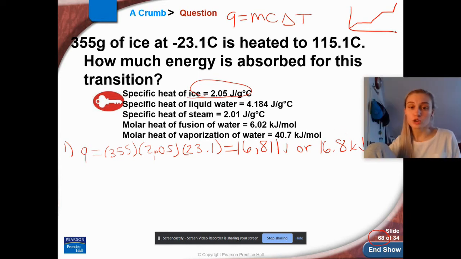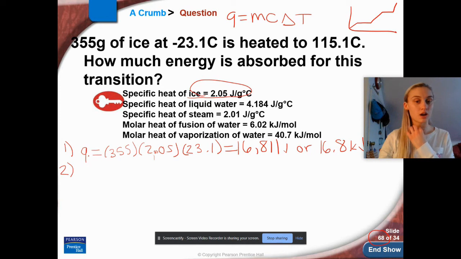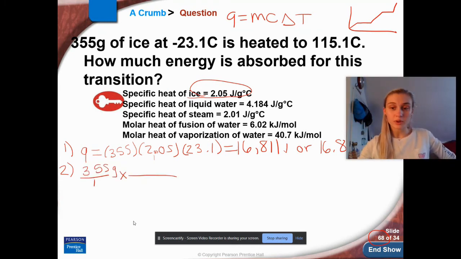So to go from negative 23 degrees to 0 degrees, the ice absorbs 16.8 kilojoules of energy. Step 2: because we're now at 0 degrees and flatlined, we need to do our phase transformation. This is where we do one of those conversion factor looking ones. Like we always do, I'm going to use the molar mass as our conversion factor from grams to moles.